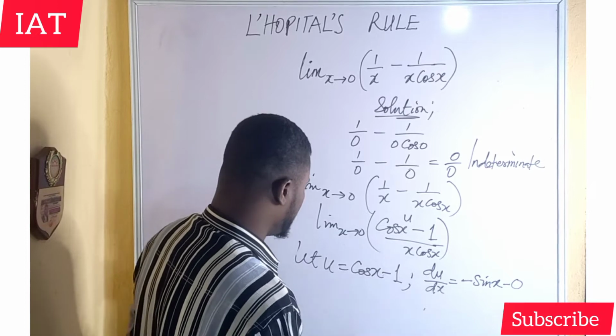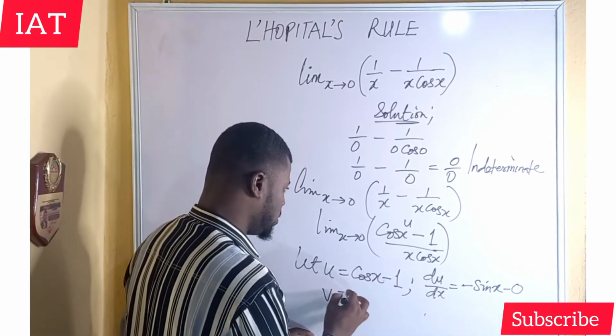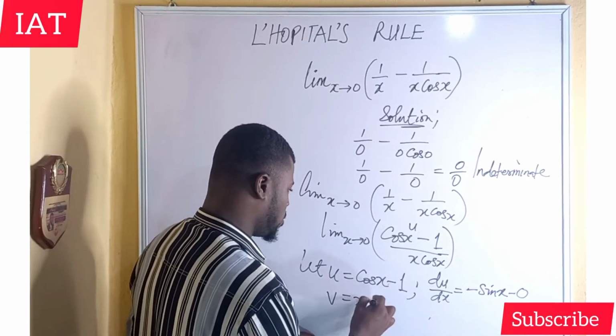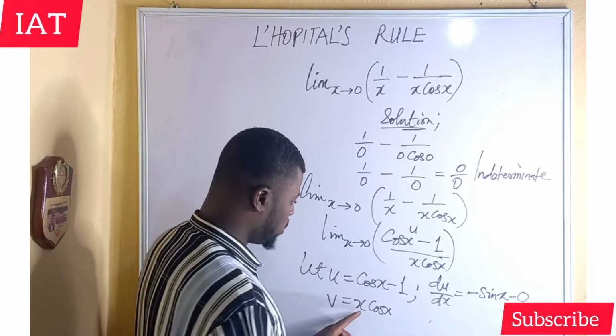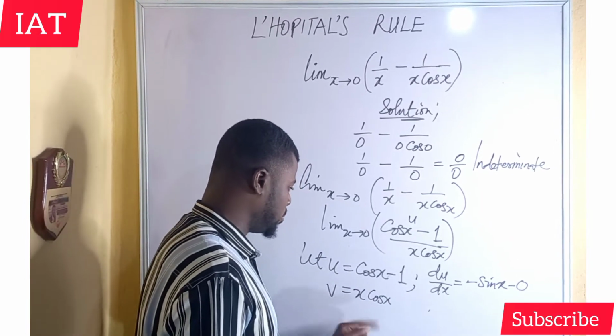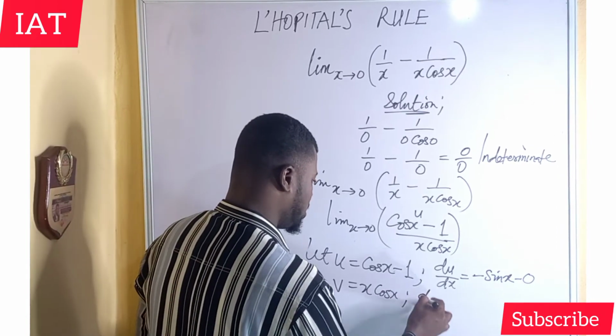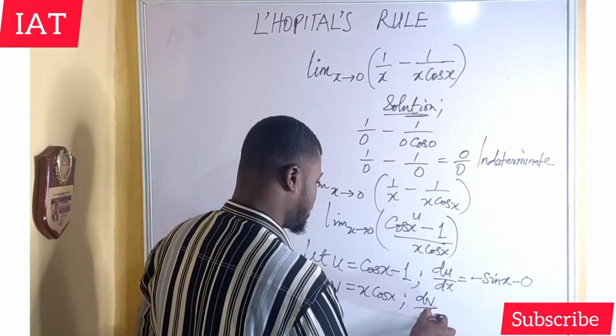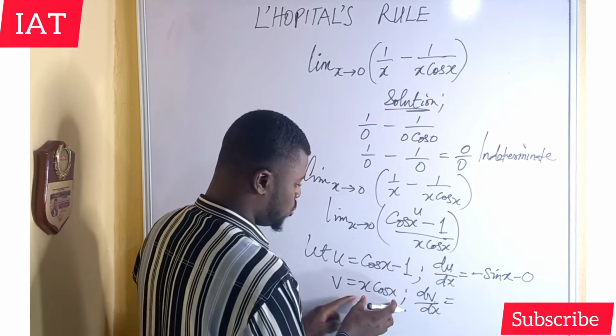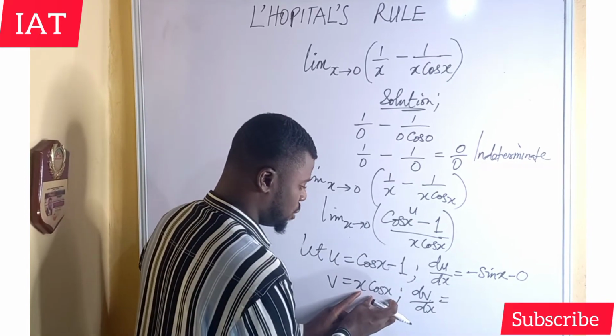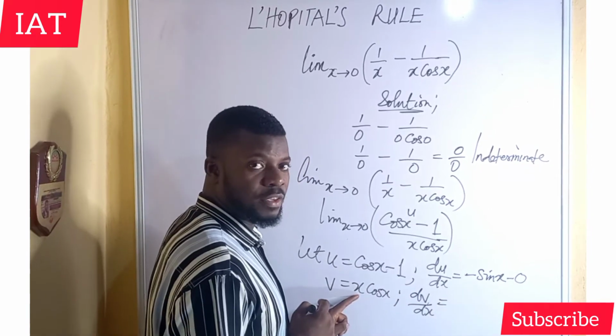So we've gotten that. Again, v is equal to x cos x. This we can do through the product rule because x is multiplied by cos x. We can use the product rule when we differentiate v with respect to x. By the product rule, we keep x constant and differentiate cos x, which will give minus sine x.